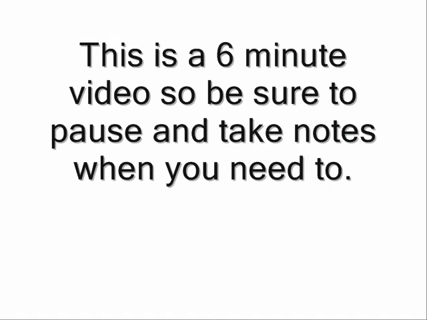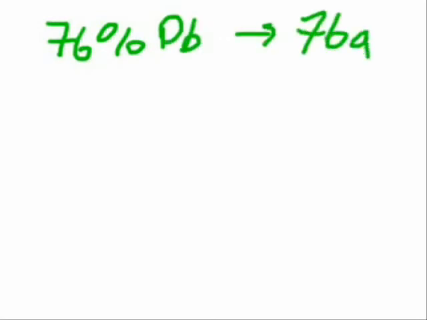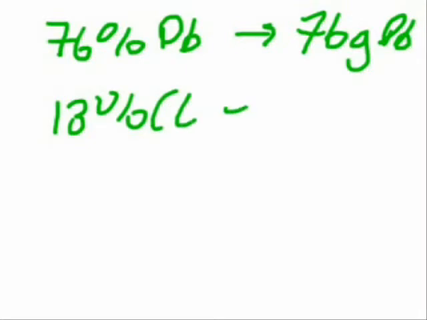So we've got 76% of lead, which we can just say is 76 grams of lead. We can then say that 13% of chlorine, we'll just turn into 13 grams of chlorine.